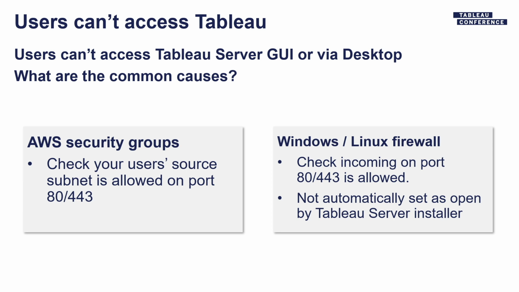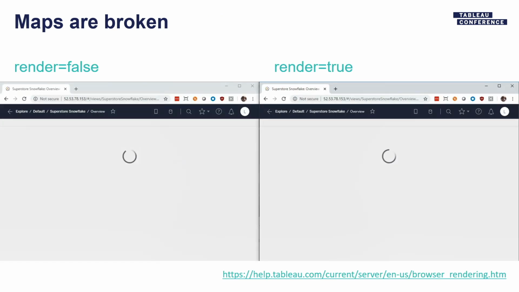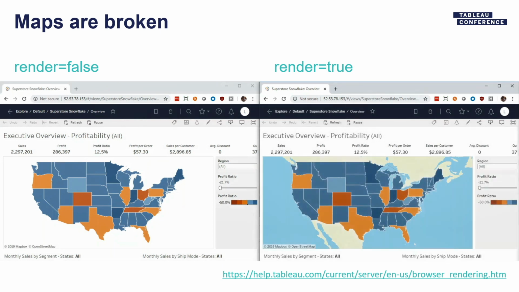to access Tableau server. My next one is one of my favorite ones, because I've seen this in a few customers over time. And it's this, same visualization on the left and the right. But one of them has loaded maps and the other one hasn't. Identical viz, identical server.